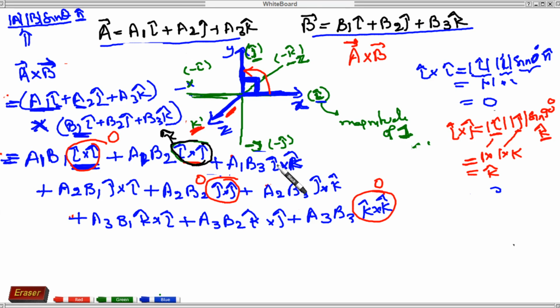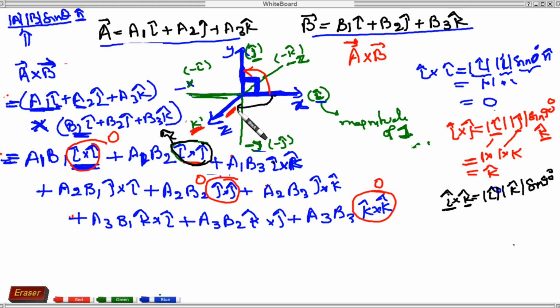Now here it is i cross k. Modulus of i, modulus of k, sine 90 degrees, and then how to find the direction? This is i, this is k. I have to rotate my fingers from i to k in this way.